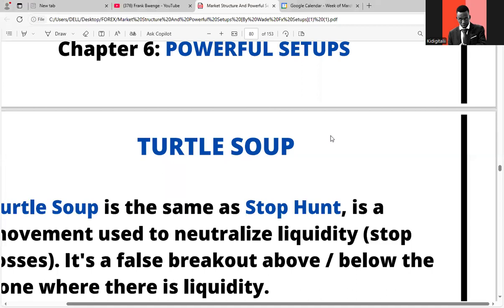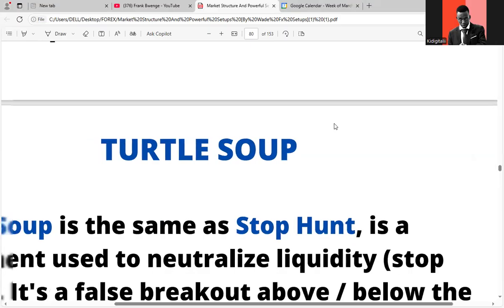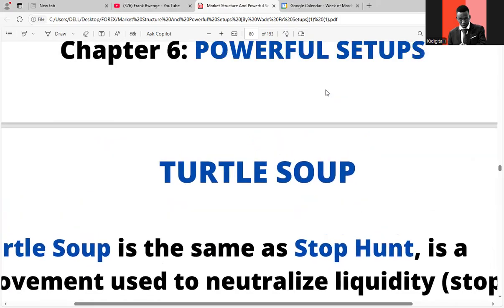This is one of the very nice setups that I'm going to show you, and one of the concepts used here is what we call a stop hunt. I will show you, and I'm sure you're going to understand.